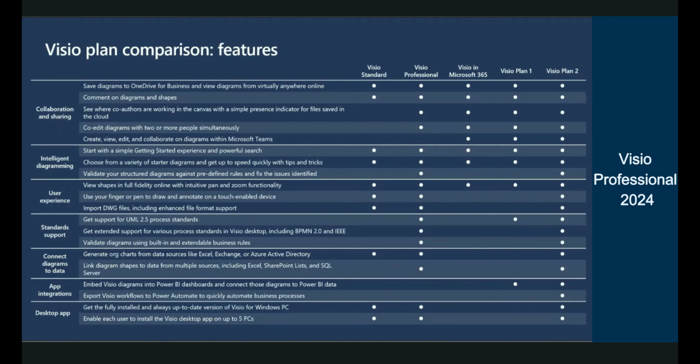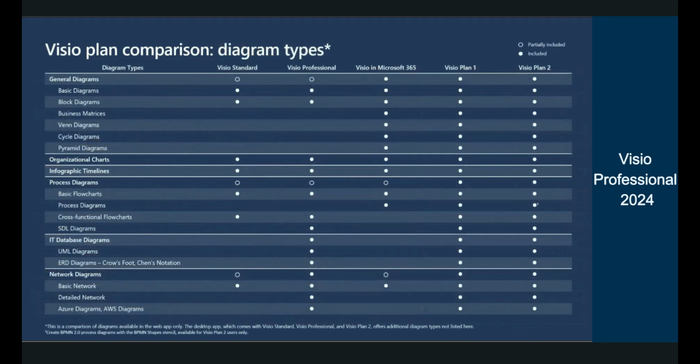Now, from a diagram type point of view, you will see that Visio in Microsoft 365 already has more templates than Visio Standard, for example. So you will see that Visio in Microsoft 365 was able to cover, I would say, 90% of the diagram needs of the non-regular Visio user.